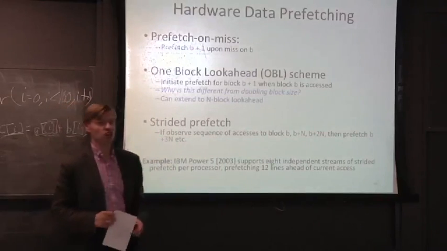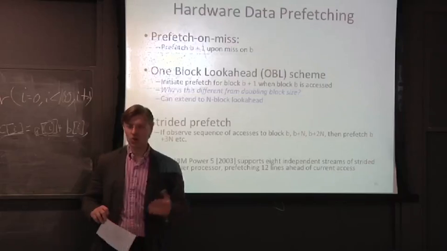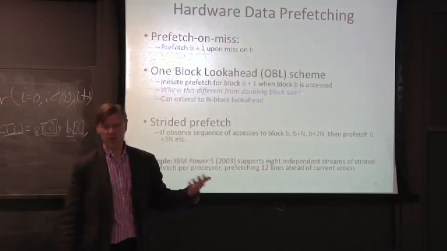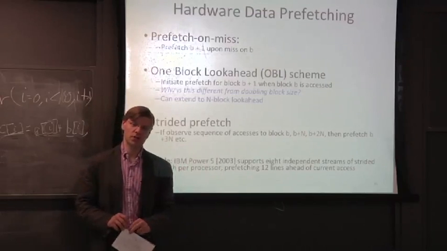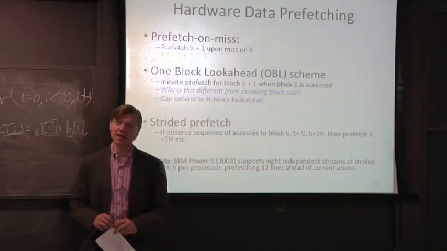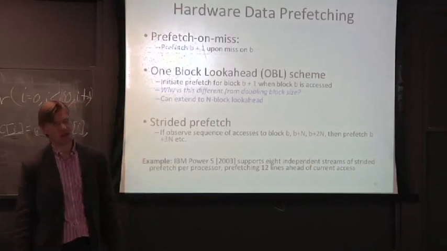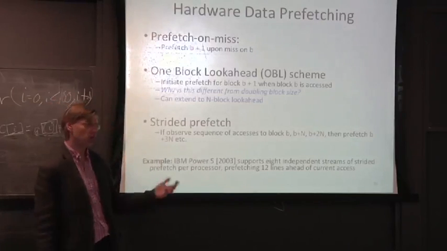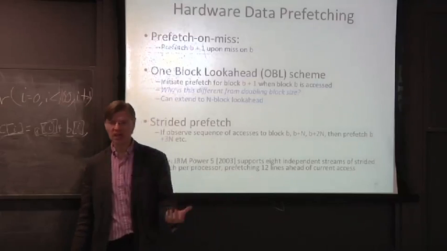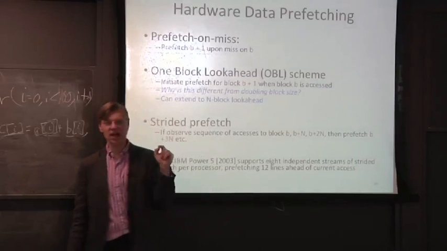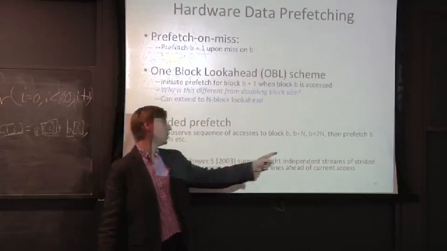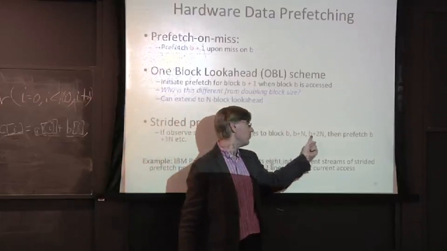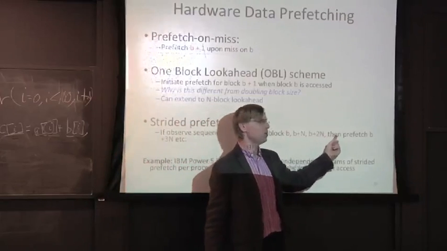So what does this look like? Well, you need something like a strided hardware prefetcher. If you see a pattern happening, typically that's when you fire up something like a stride prefetcher. If you look at a modern day Intel processor, they actually have stride detectors. So there are little pieces of hardware which watch the cache access pattern or the processor access pattern and will say, aha, I see that the processor is accessing cache block B plus N, cache block B plus 2N, cache block B plus 3N.